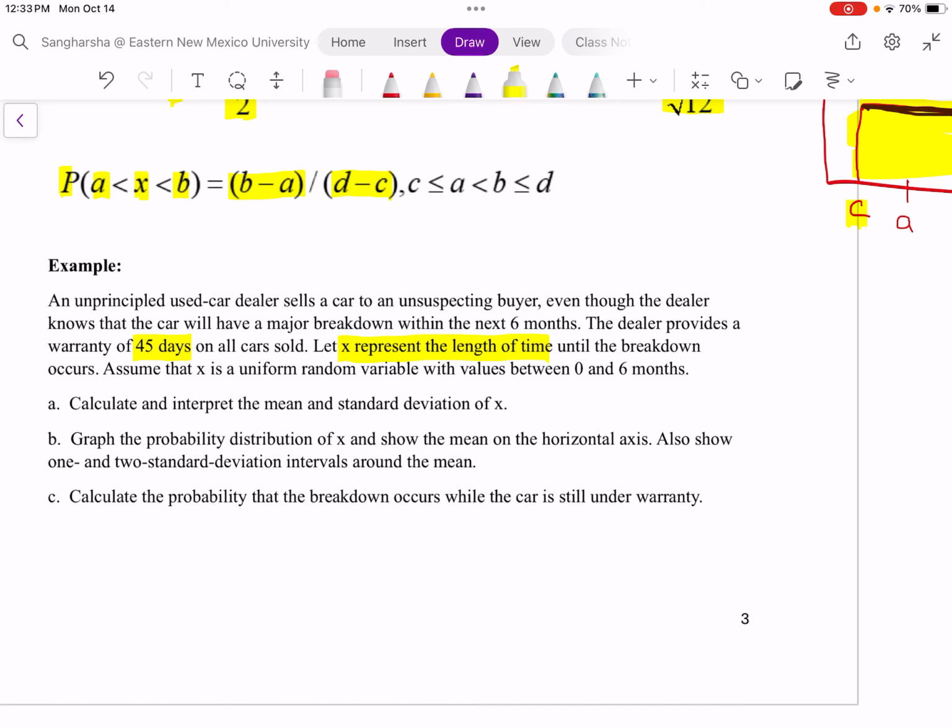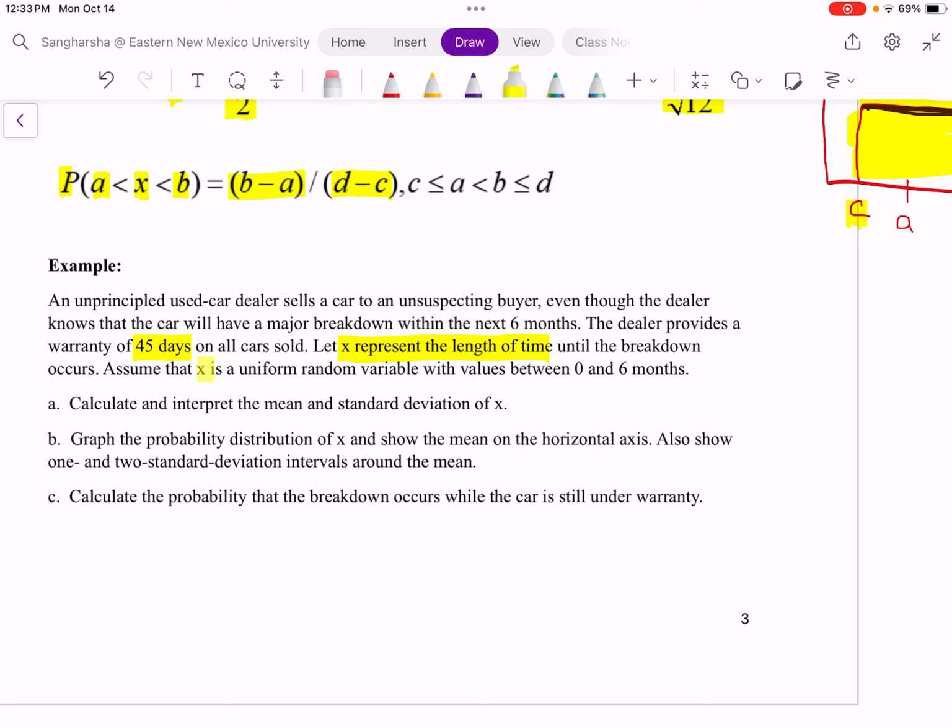Now the very first question: is your x discrete or continuous? Now, what kind of number does length of time take? Can you make a list of those numbers, or can it take any number? It can take any number, right? So here our x is a continuous random variable.